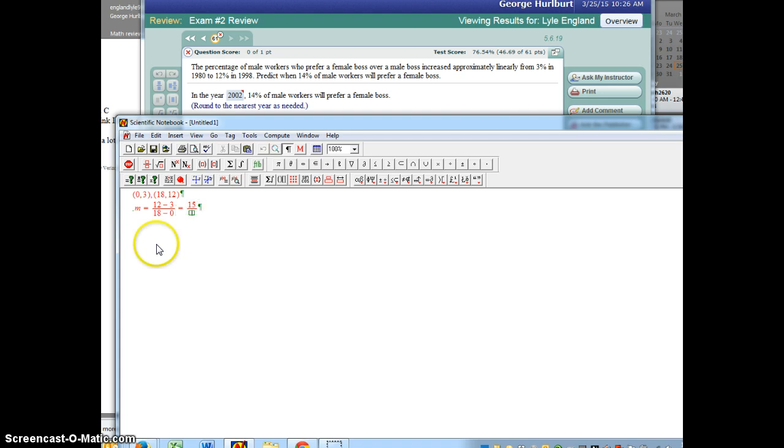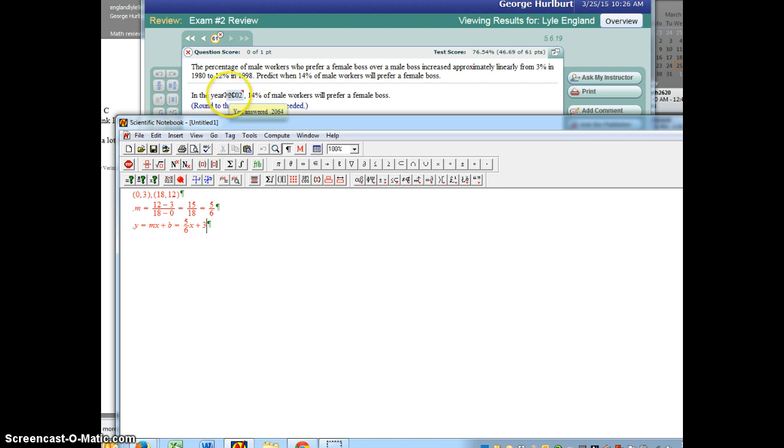That's 15 over 18. I can reduce top and bottom by 3, so that's 5 over 6. So now I can use y equals mx plus b, and I know m is 5/6. Plus, the really nice thing is I know b this time. Since I have 0, 3, that 3 is my y-intercept. B is always the y-intercept, so I know my y-intercept is 3.